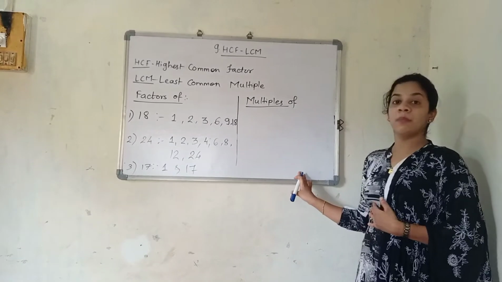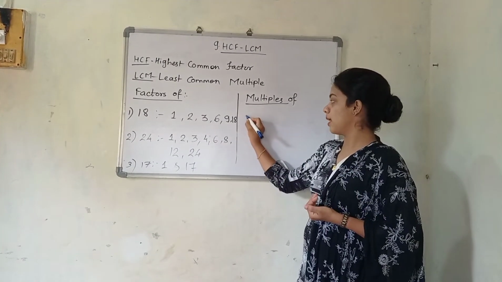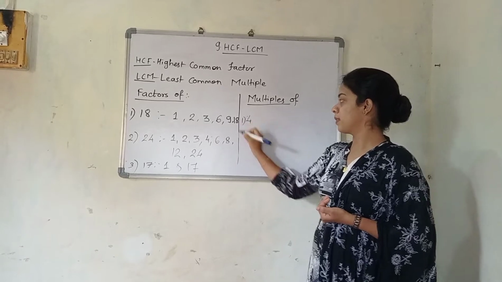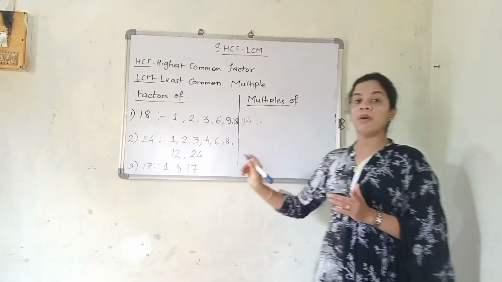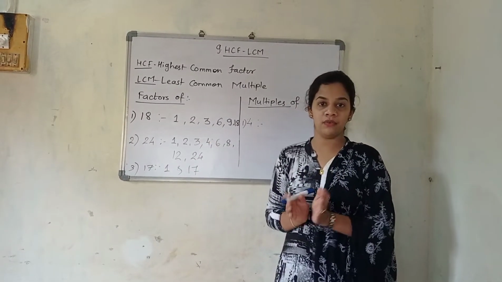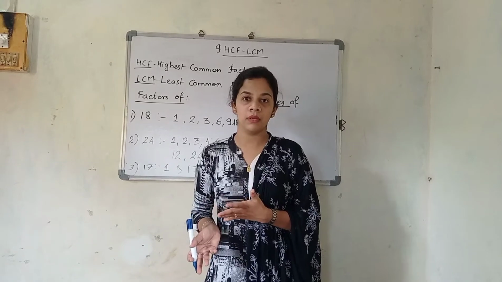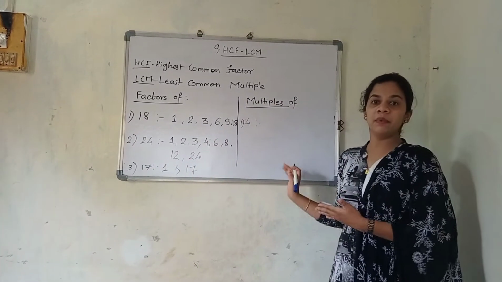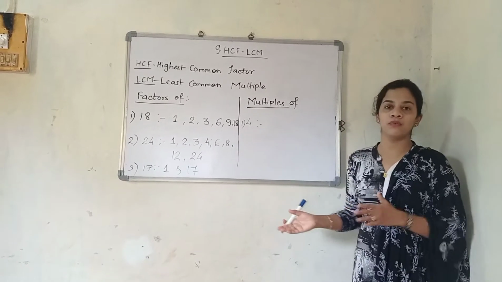We are going to see the multiples now. So what are the multiples? We will take proper questions. I am going to take the first number, that is 4. Multiples of 4 means what? Always remember one thing, factors are limited, they are finite. Finite means we can count them. But multiples are infinite, there is no end to them.